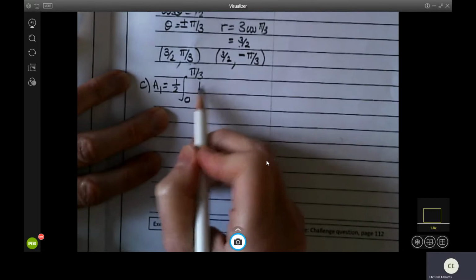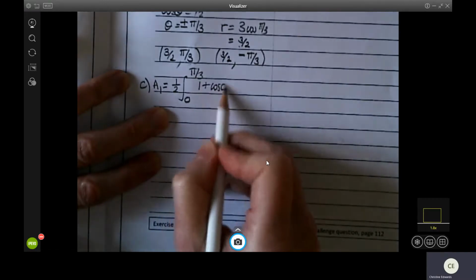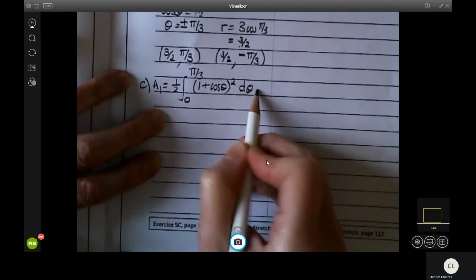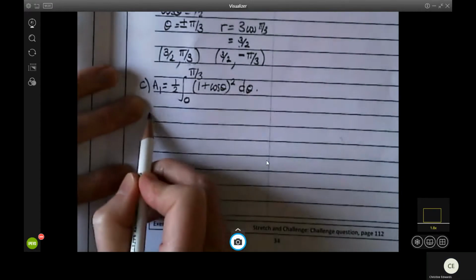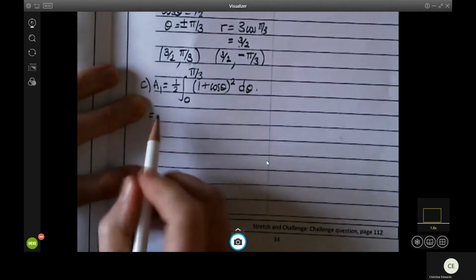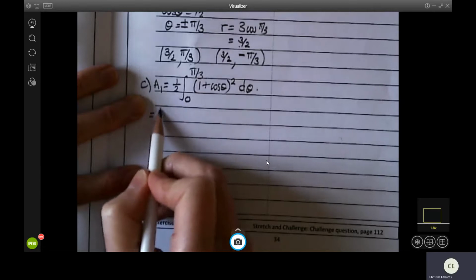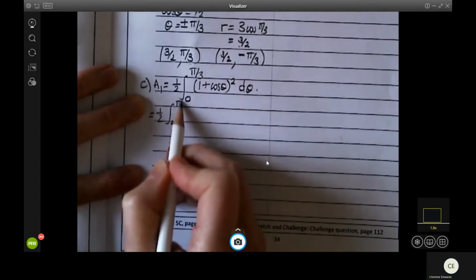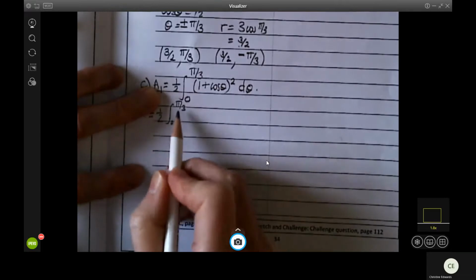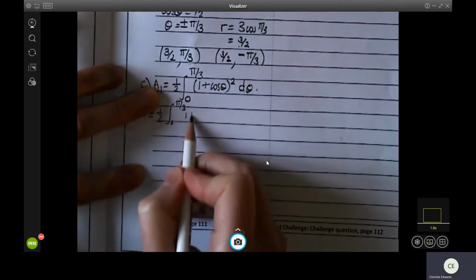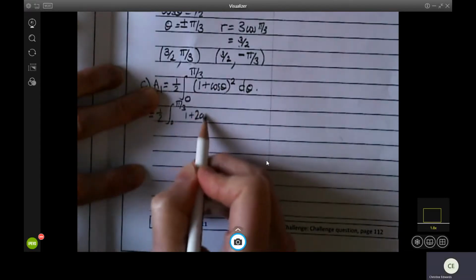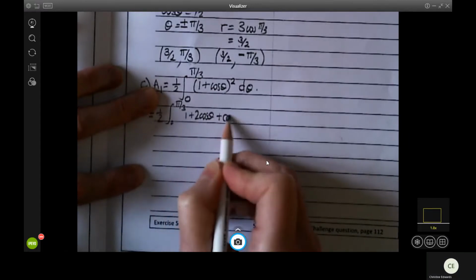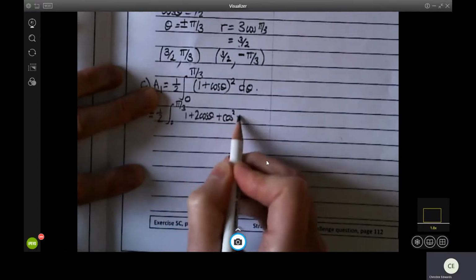So that's 1 plus cos theta, and we're going to square it because it's r squared in the formula. So expanding the equation, we get 1 plus 2 cos theta plus cos squared theta.